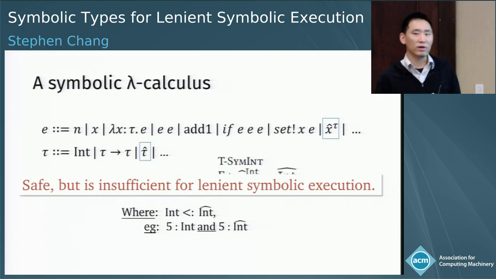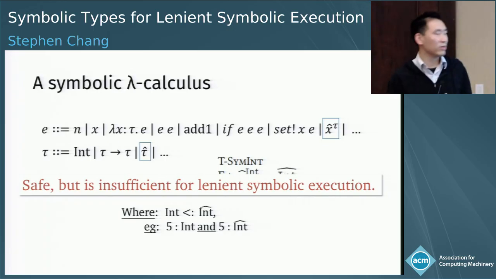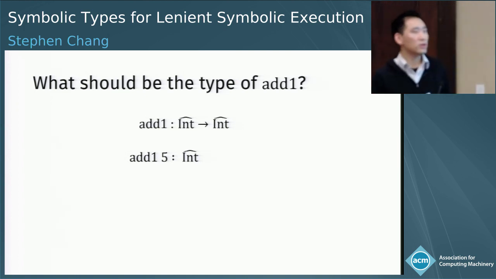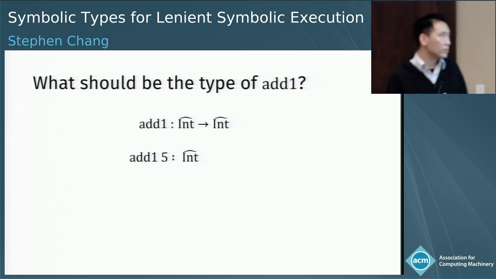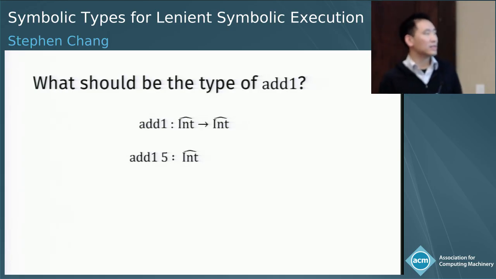But it's not good enough for our language because it also rejects many of the programs that we would want to write. So here's an example to show what I mean. What type should we give the add1 primitive function? We want it to support symbolic values, so maybe let's give it a type of symbolic integer to symbolic integer. But then if we apply this function at a concrete value, then that expression itself now has a symbolic type.